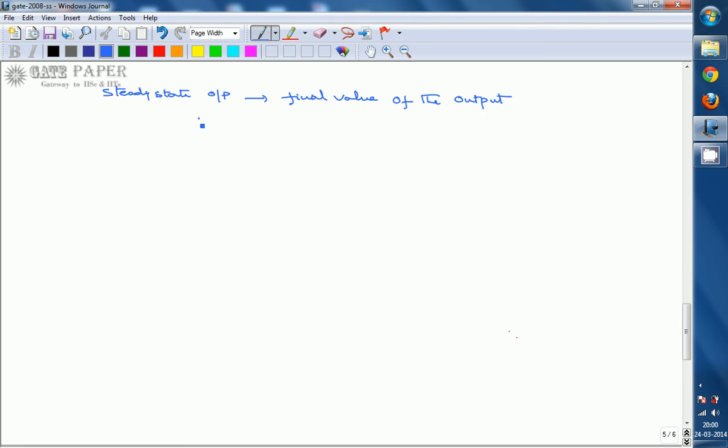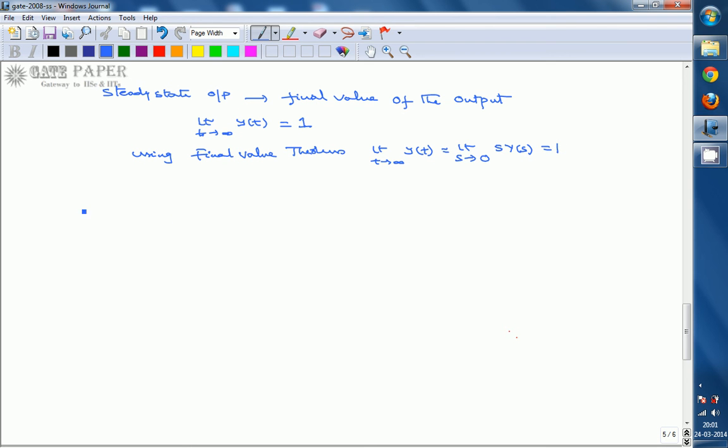So the limit t tends to infinity y of t equals 1, as the steady state output is given as 1 for step input. Using the final value theorem, the limit t tends to infinity y of t equals the limit s tends to 0 of s into Y of s, which equals 1.